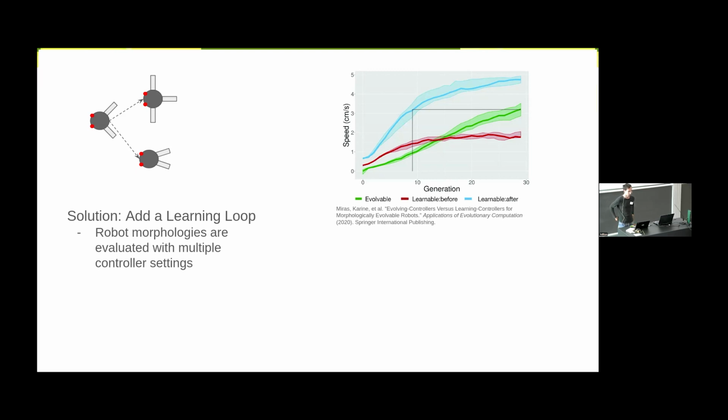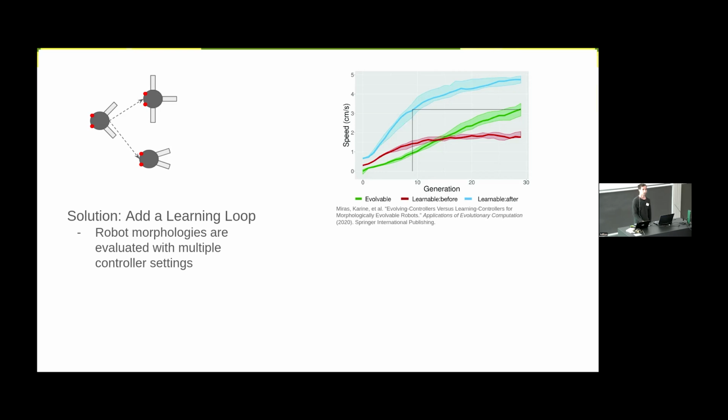So in some previous work, comparing learning to non-learning robots, it shows that in this case, the green line is without learning, and the blue line is with learning, and it's the performance after learning. With learning, it performs better.